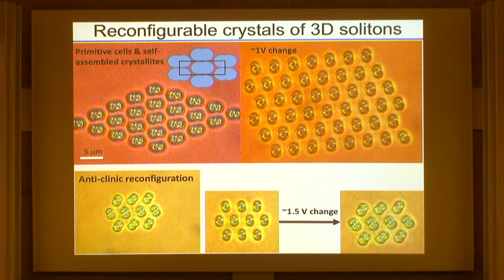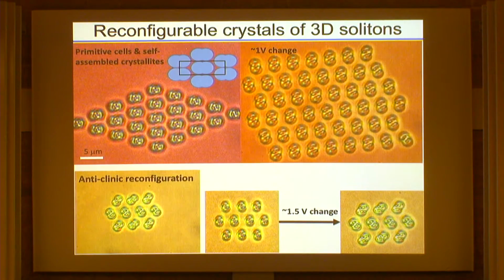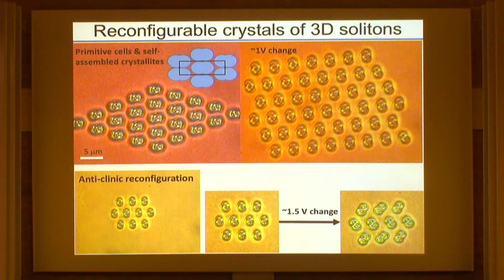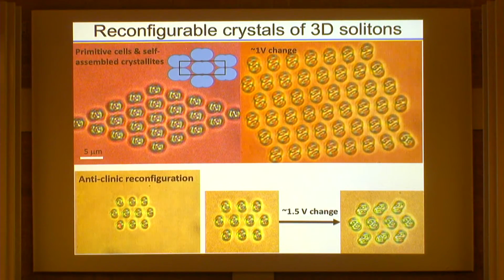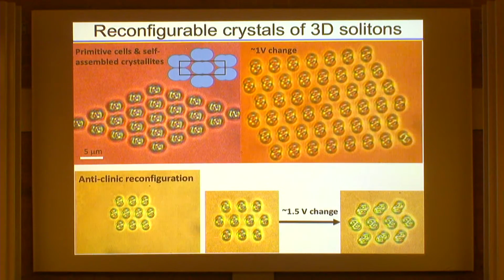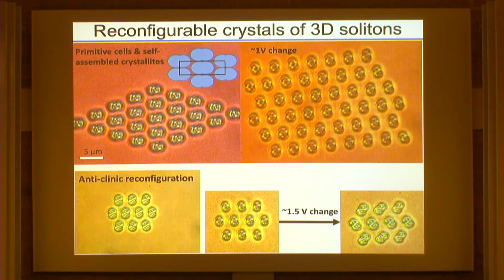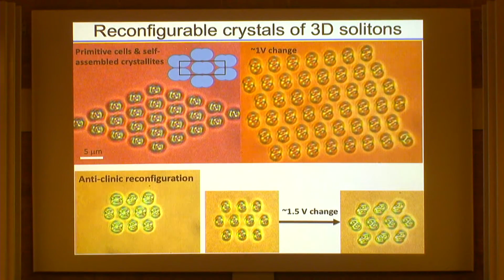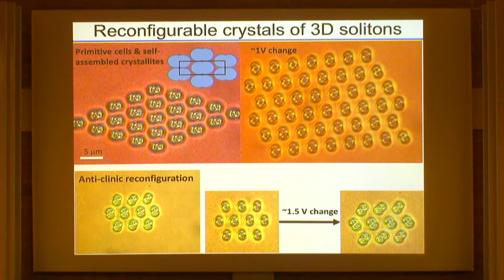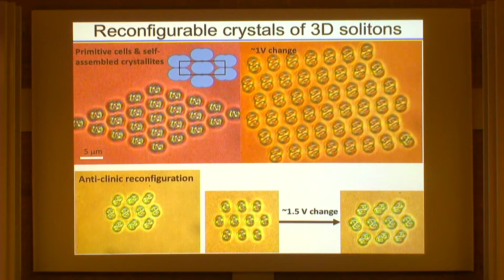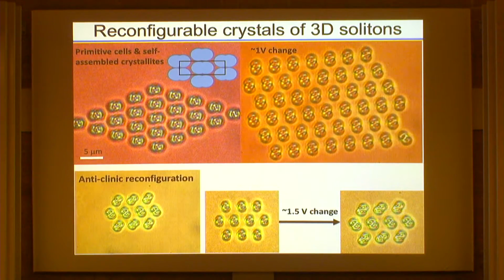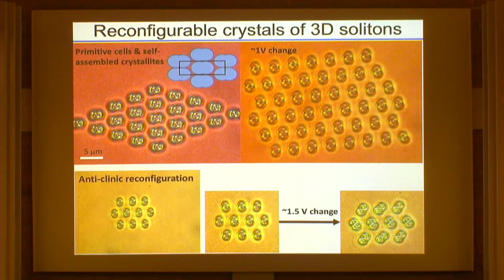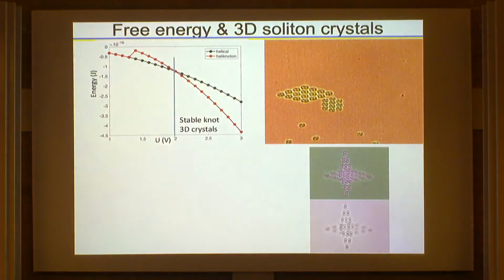Moreover, we can also observe that the symmetries of organization of these shape-anisometric solitonic structures can be changing, for example, from unidirectional alignment, as in this case, to the one where we have some anticlinic tilting within the different layers of such a self-assembled lattice.